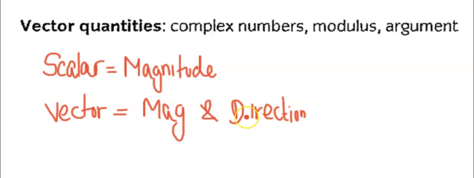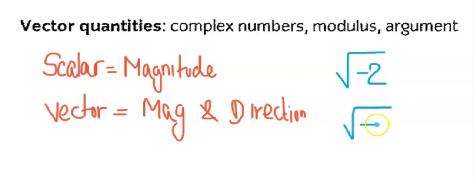Okay. Now, what are complex numbers? If you take a negative number in a square root, for example, -2, the calculator won't work. If you do -9, it's going to give you an error.